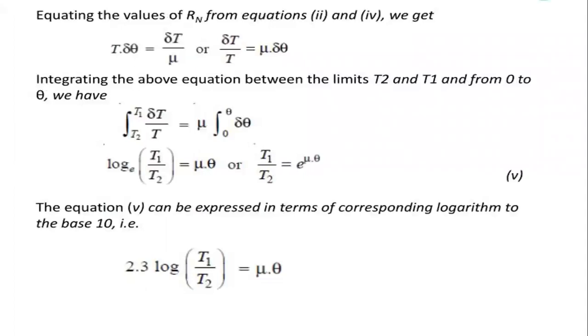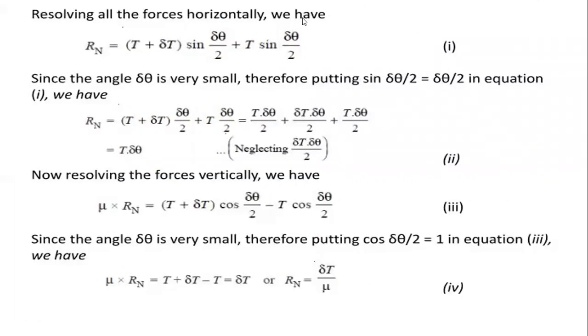Next, equating the values of the normal reactions from equations 2 and 4. So this is the second equation and this is the fourth equation for the Rn values. So we are going to take the Rn values here.